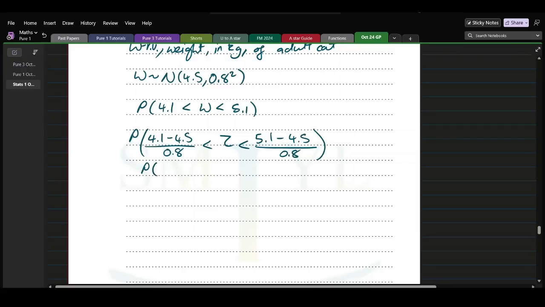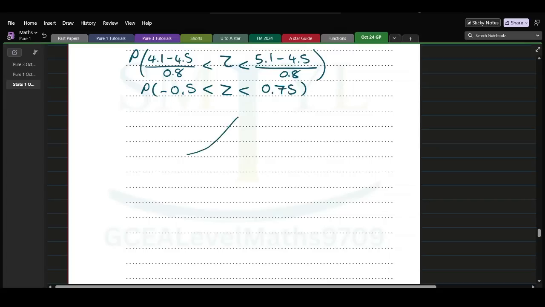We've got 4.1 minus 4.5 over 0.8, and this gives us negative 0.5. And then we've got 5.1 minus 4.5 over 0.8, and this gives us 0.75.